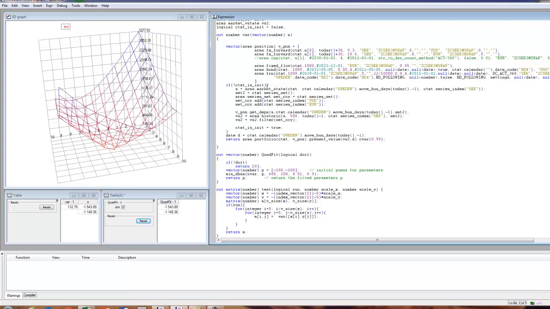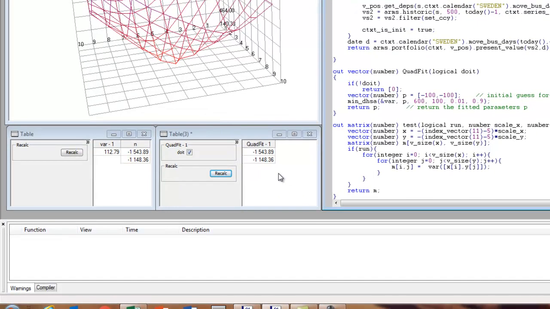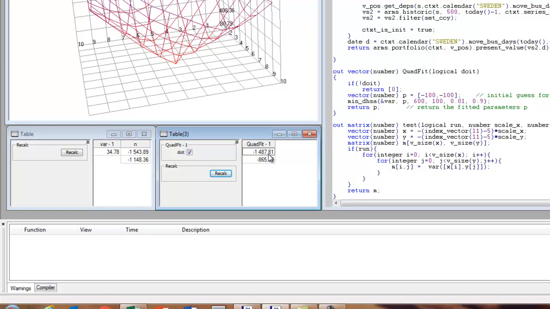So we rerun this and see if we get a fit. And I think we're going to have a fit with a little lower notionals. So we're not going to go quite as short in these forward positions.